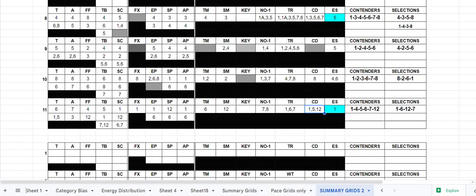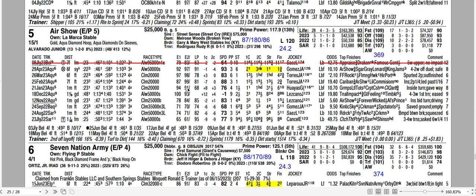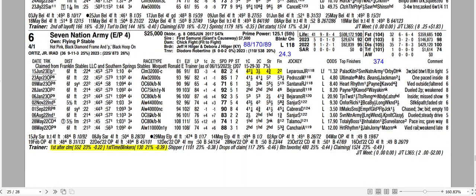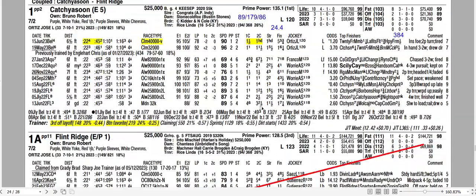And the 5 and the 12, if you look at them, the 5 potentially could be on the lead as well. 22-3, 46-4. And then the 12 horse just coming from the outside. I'm not concerned about him.